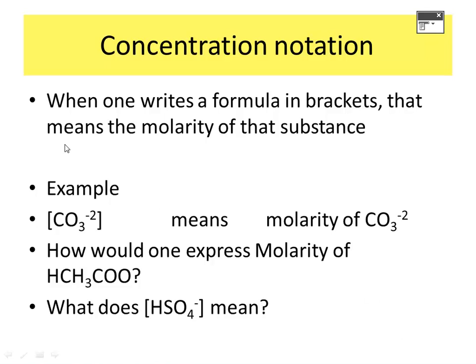So in concentration notation, when you write a formula inside brackets, like this example right here, you see the CO3 2-, that's the carbonate ion, written in brackets. That means the molarity of carbonate.